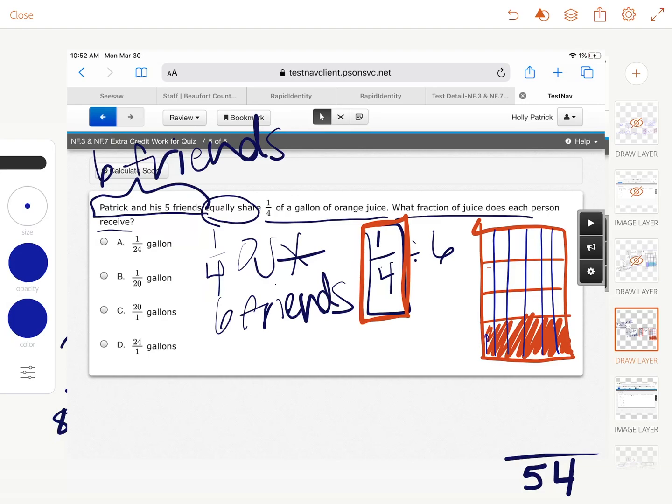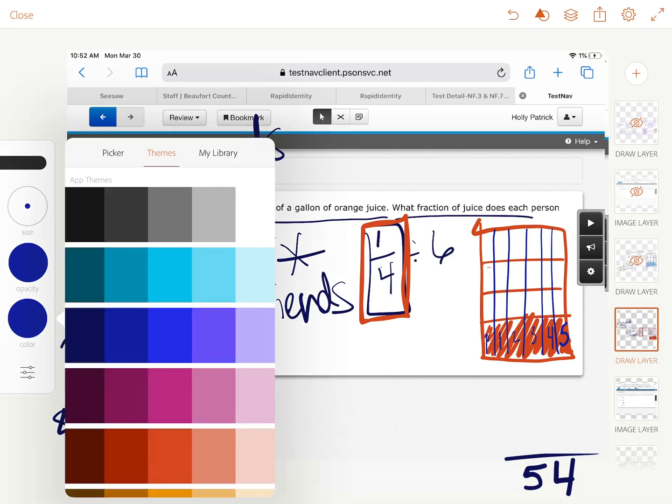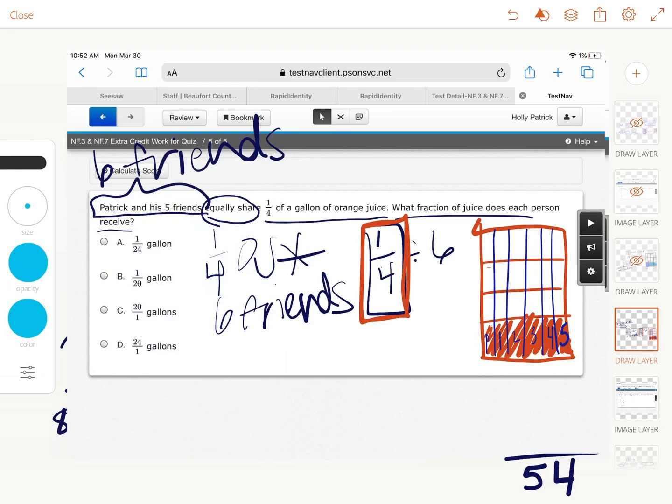And here we have Patrick. We have friend 1, friend 2, friend 3, friend 4, and friend 5. So we only need to know what fraction of juice does each person get. So let's just think about Patrick right now. Why not, right? So he's only getting this 1 piece. Okay. So I know that means my numerator needs to be a 1.